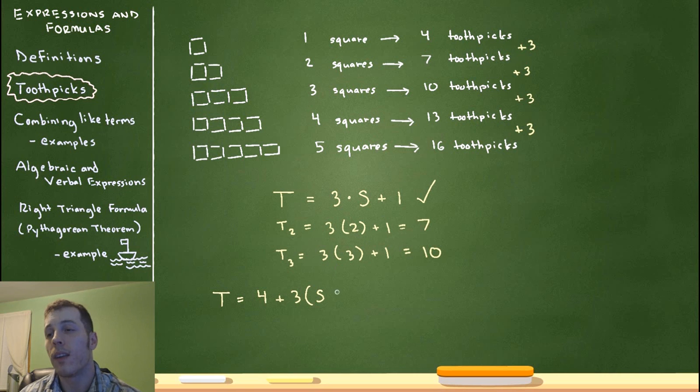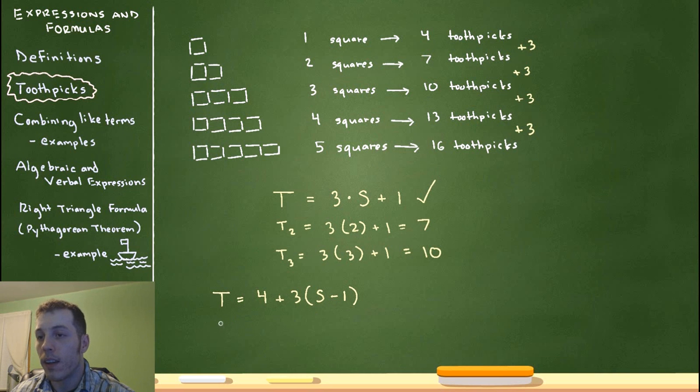So this says to me that when s is 1, I need this in parentheses here to be a 0. So this would be 4 plus 3 times 0 when s is 1, right? It may take a while to think about. Don't worry if you're a little bit confused at that point. But if I didn't have this minus 1 here, when I have 1 square, you would need 7 toothpicks. But I'd essentially be one piece of information ahead of where I should be. So that's why I need to subtract this 1 here.